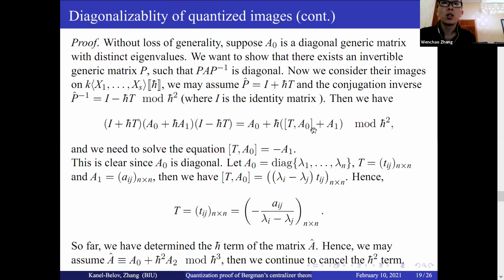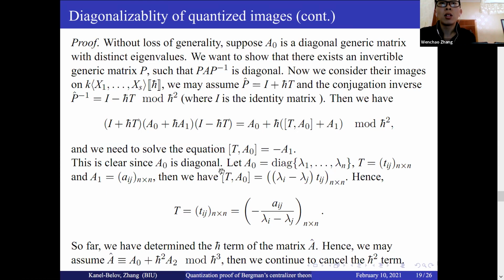So we just need to solve this. We want this to be 0 for the diagonalization. So we just need to show the commutator is minus A1, which determines which T we want to use.